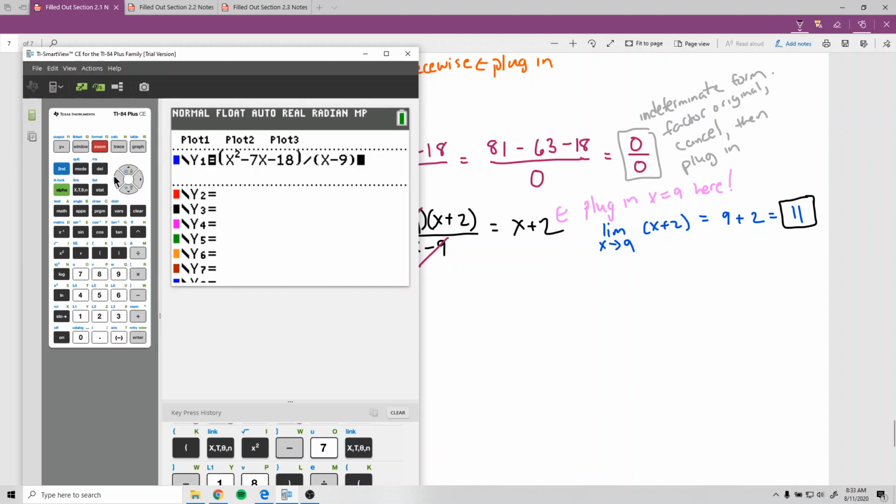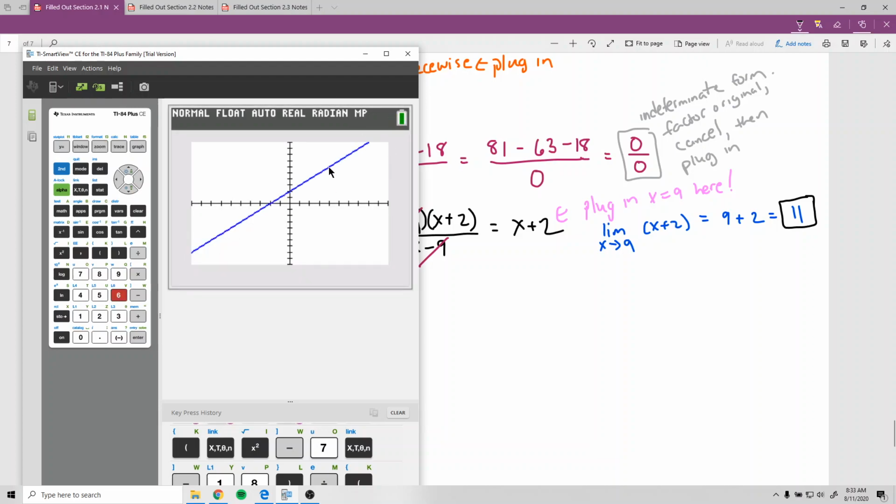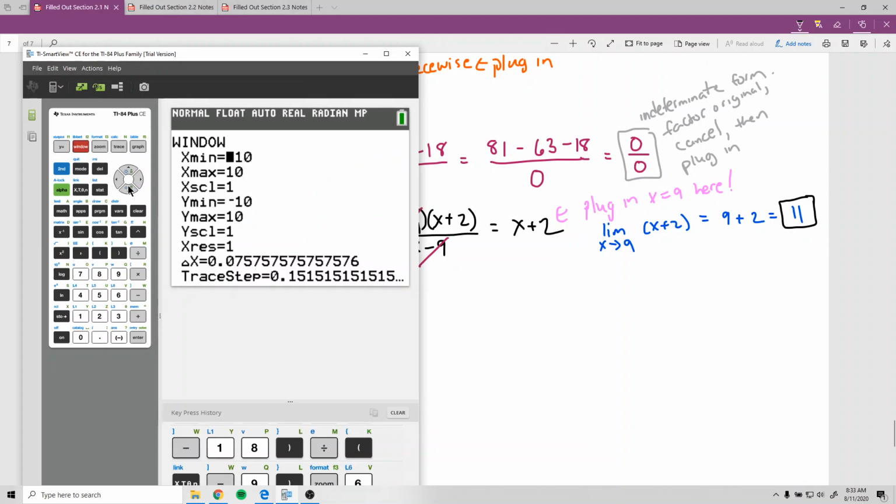Now if we hit zoom 6, the original, we're not going to see where y equals 11 because it goes up to 10. Also, we're interested in what's happening at x equals 9, so if you hit window, since we only care about where x is 9, maybe let's do from positive 5 to 10. The 9's inside there. And then the y value we care about, we think y is around 11. So let's say from 5 to 15.